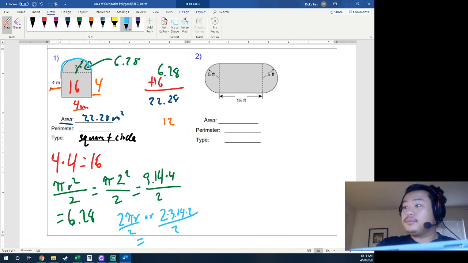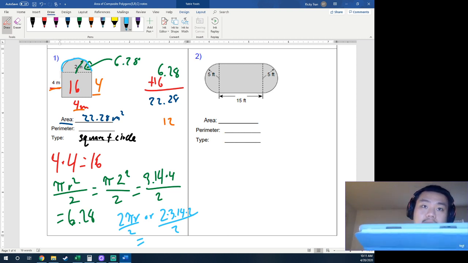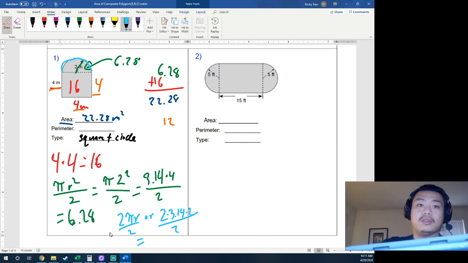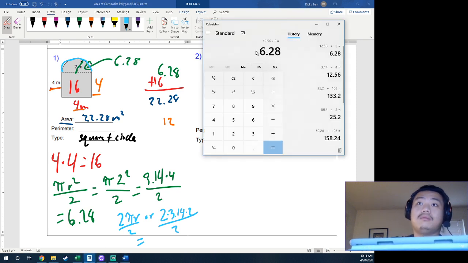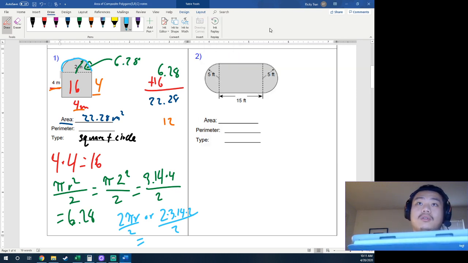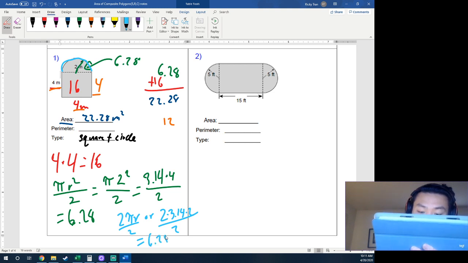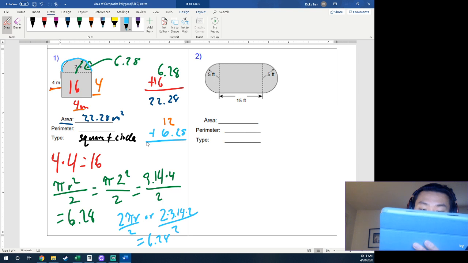It's going to be the same, 6.28. So we add 6.28, which will give us the perimeter, 18.28 meters.